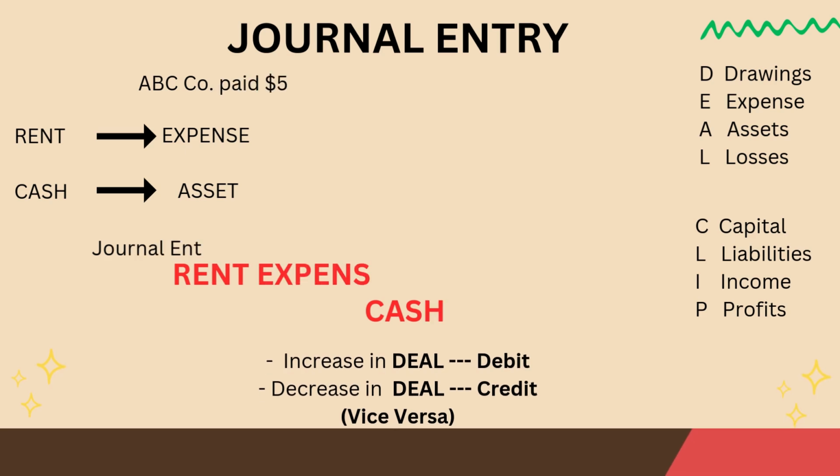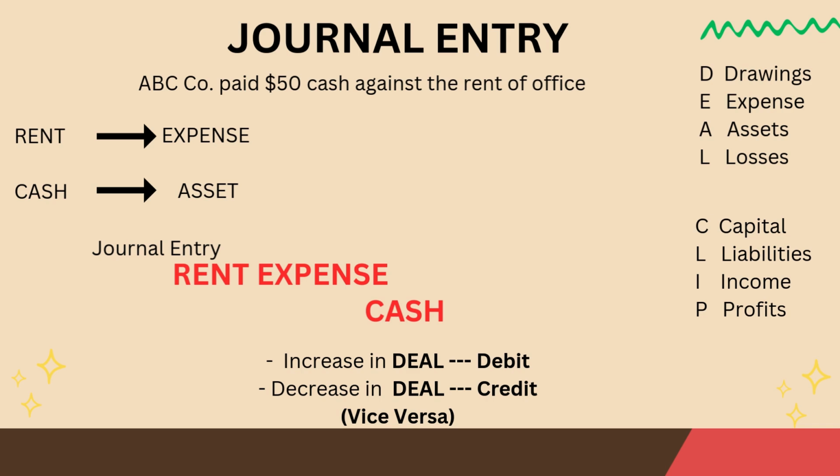Let's look at another example. ABC Company paid $50 cash against the rent of office. In this transaction, one element of accounting will be debited and the other element will be credited. Well, those two elements are asset and expense in the form of cash and rent expense, respectively.